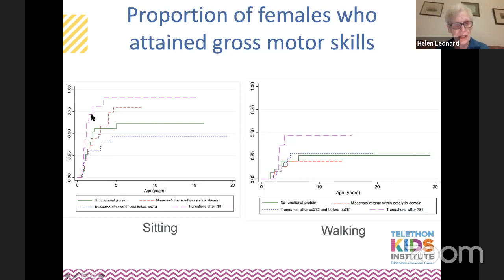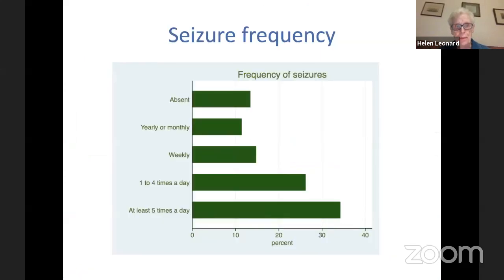Now you can see this pink here, which is the late truncations, the truncations at the end of the gene. These children in this group learn to sit earlier and are more likely to be able to sit. They do the same with walking. They learn earlier and are more likely to be able to walk. And this is called time to event analysis. But it's a very important statistical technique for this sort of analysis.